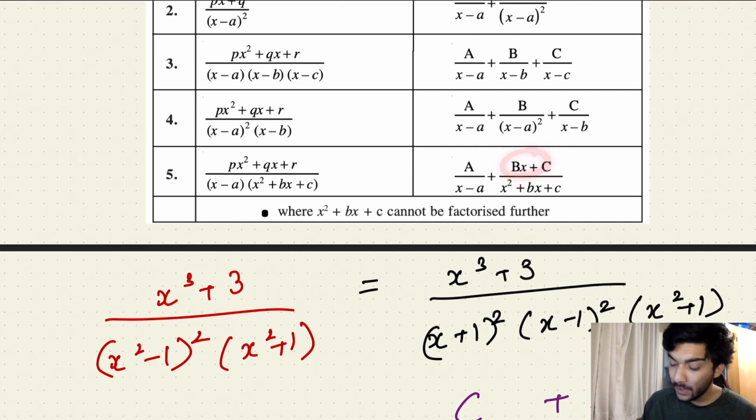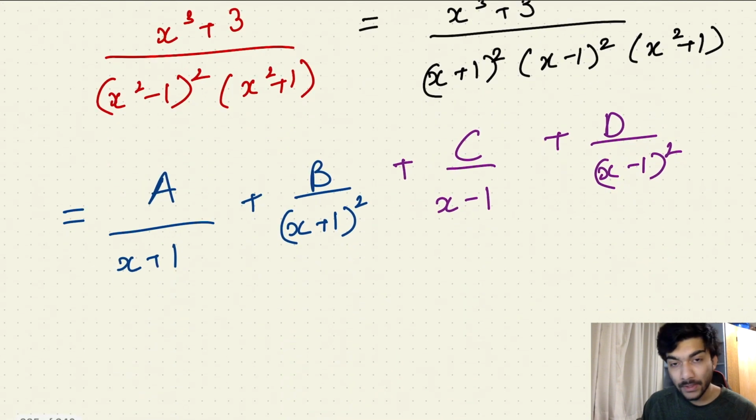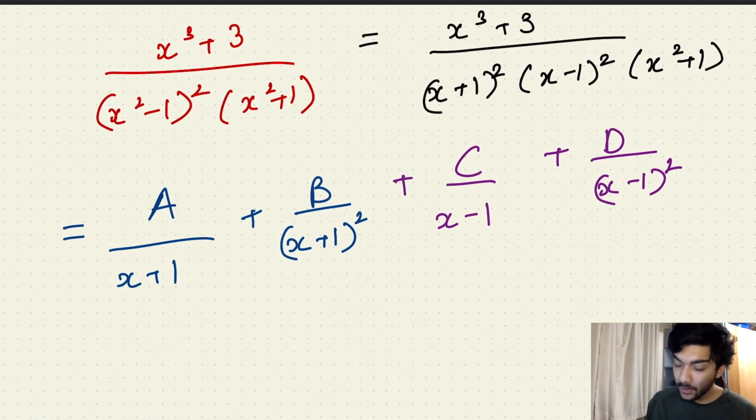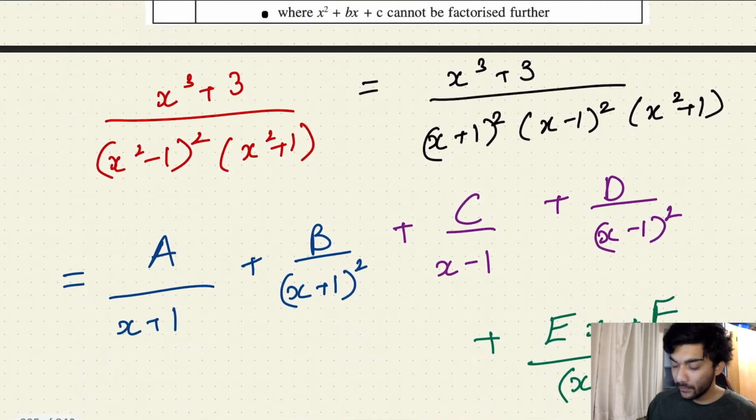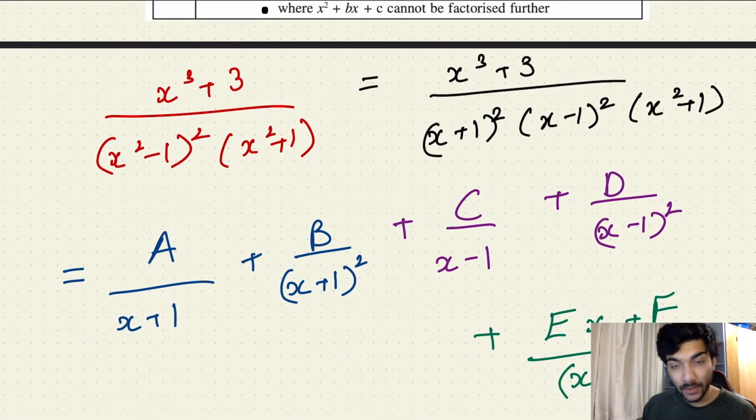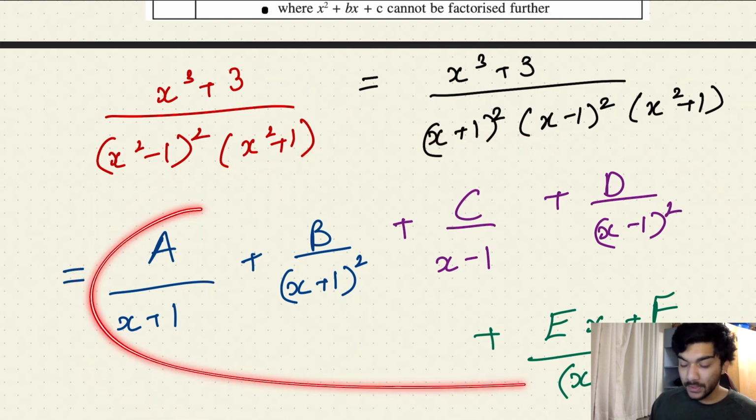So we'll do the same thing for this expression. For the x square plus 1 term, we will have ex plus f upon x square plus 1, right? Using the same thing that we covered in the previous video. So this expression would be easily simplified to this expression over here.